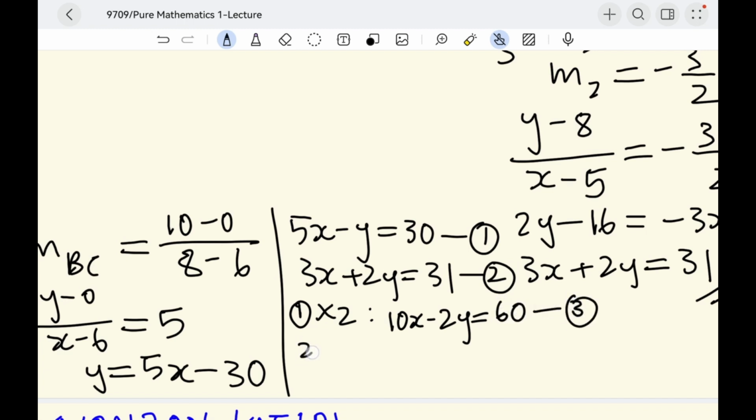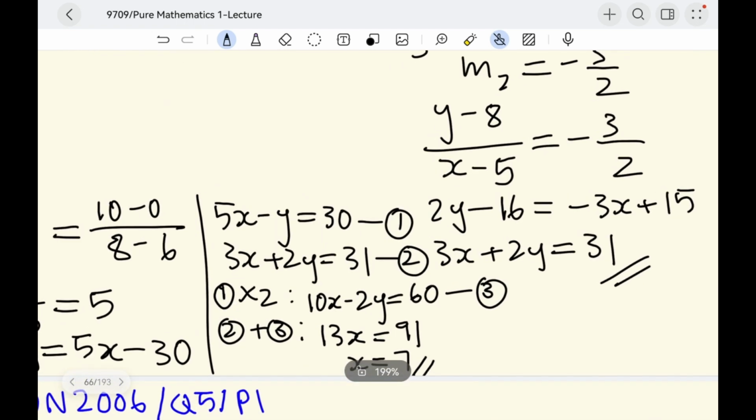And now I combine the second equation and the third equation in order to get rid of the variable y temporarily, in order to find x easier. So I have 13x equals 91. What will be my x? My x is 7.